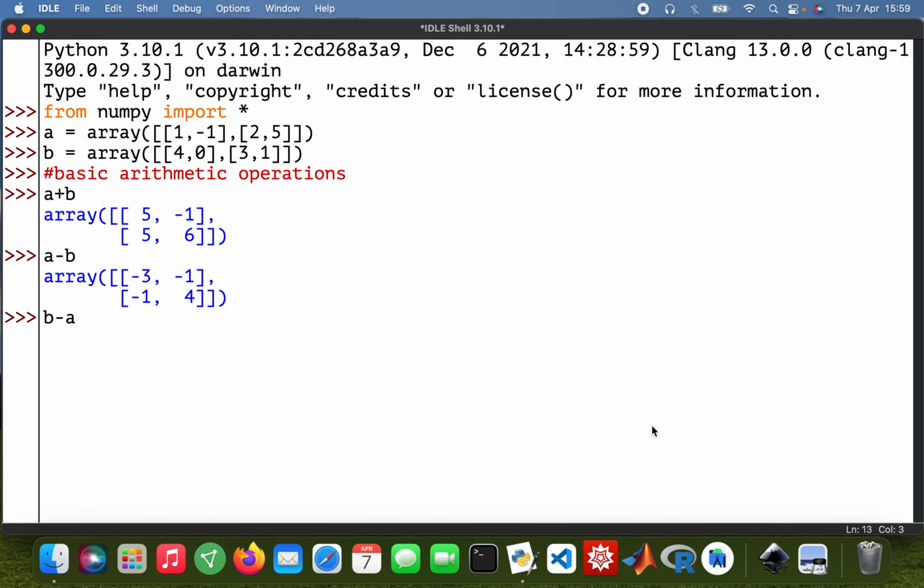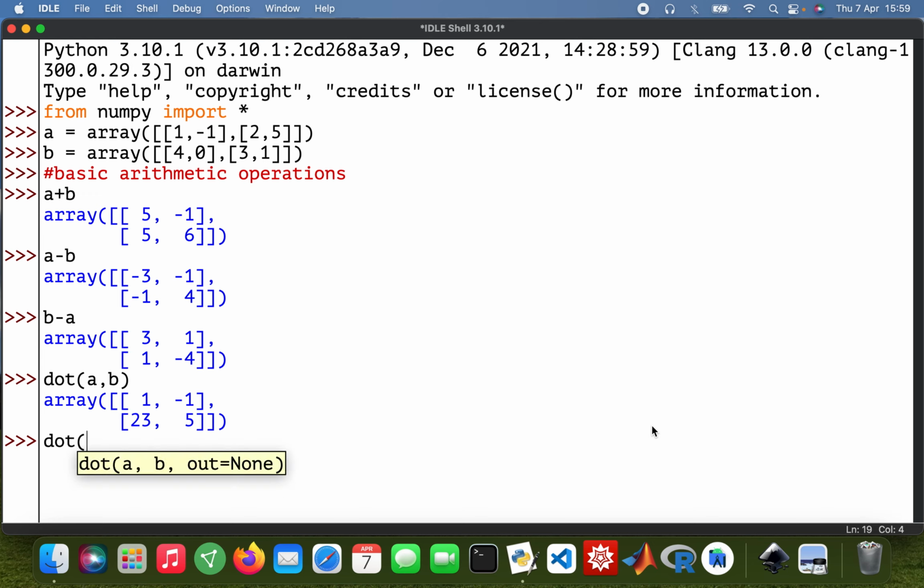Then B minus A. Okay, then I need to multiply the two matrices together. So dot, A times B, and then dot B times A. So they're different. Okay, so in linear algebra, in matrices, A times B does not equal B times A.